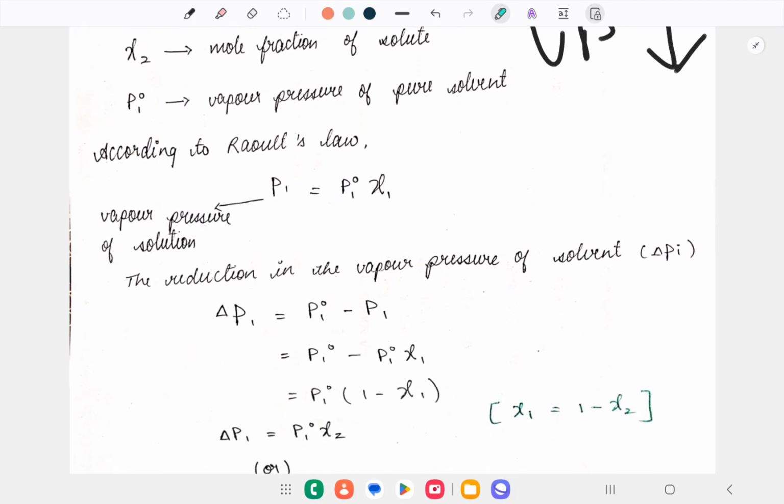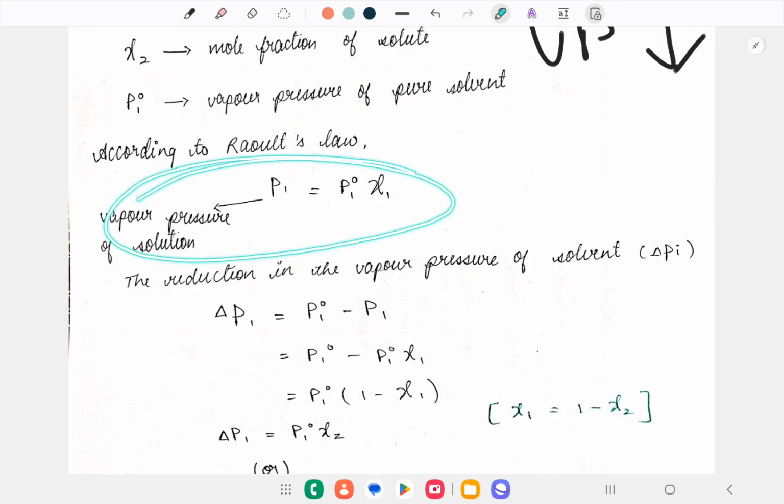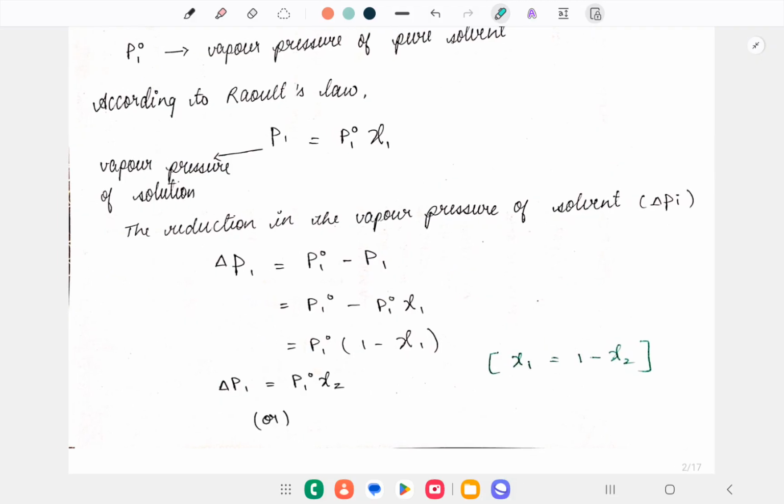According to Raoult's law, we know this particular equation. The reduction in the vapor pressure of the solvent is the difference between the vapor pressure of the pure solvent and the vapor pressure of the solution.